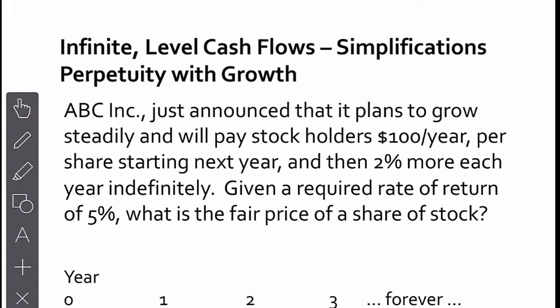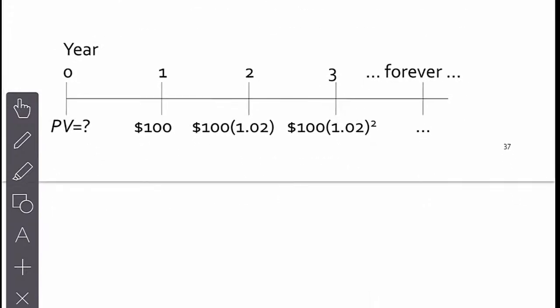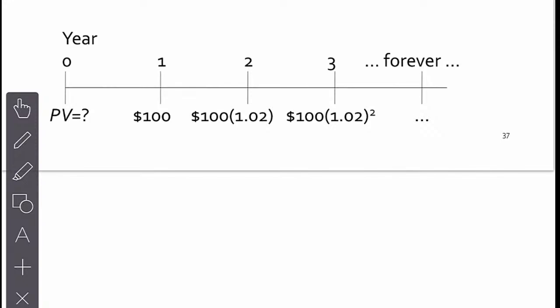Then I talked about what if they're not level per se, but they're not mixed either. There's a relationship between the future cash flows. In this case, the relationship is they grow at 2%, and the growth rate looks like an accumulation rate, but in this case, it's a rate of growth.